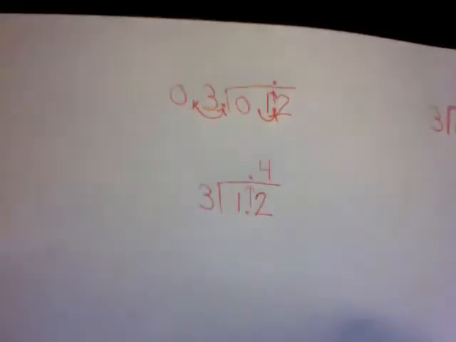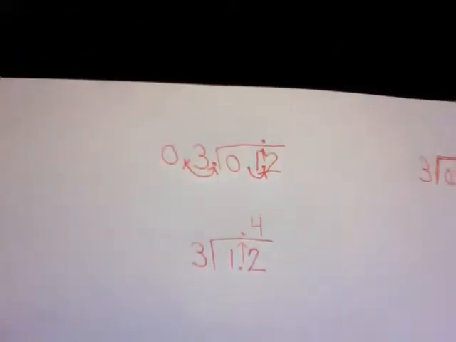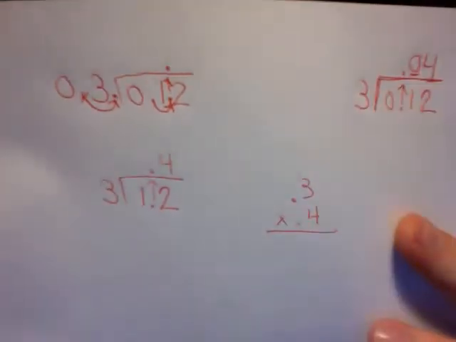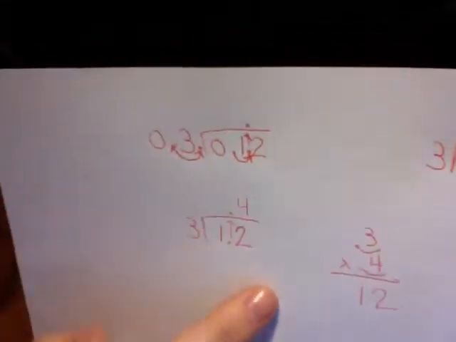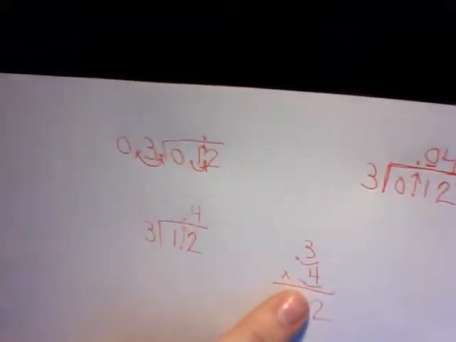Now, if we put it back into the original problem, we would have 3/10 times 4/10. And we know that 3 times 4 is 12. And I have 1 decimal place, 2 decimal places, 1 decimal place, 2 decimal places.